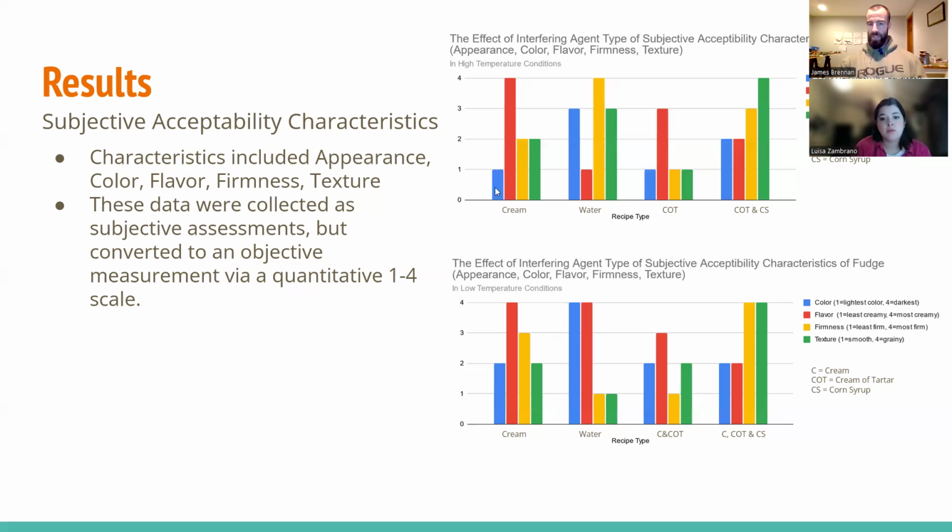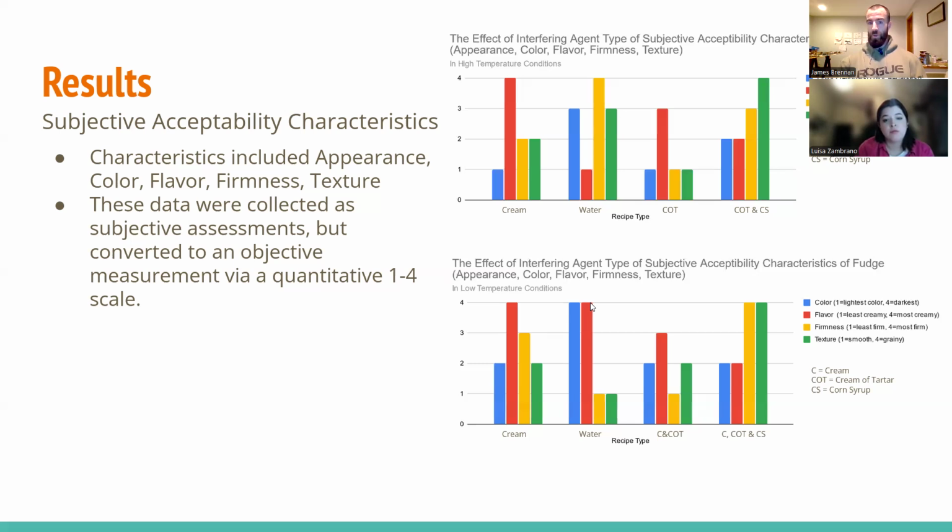In cream, we can see that there is at least a similar trend between the different characteristics. Cream of tartar, again, similar trend. Cream of tartar and corn syrup, again, similar trend. Not exactly the same, but similar trends. With the water, it looks like there's no rhyme or reason. There's no real trend similarities at all.